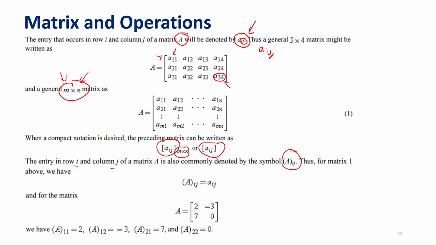So for example, if you have a 2 by 2 matrix like this, the entry of this value is equal to 2, or you can write a11 is equal to 2 as well. But if you want to use the matrix form, this would be the notation of it. Okay, and so on. a12 is this one, row 1 column 2, a21 is row 2 column 1, a22 is row 2 column 2.